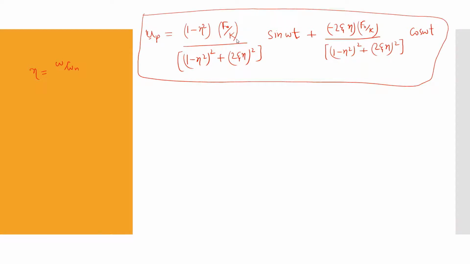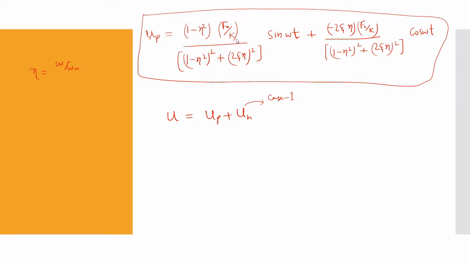Now we know that the total solution u equals u particular plus u homogeneous solution, and the homogeneous solution depends on cases.